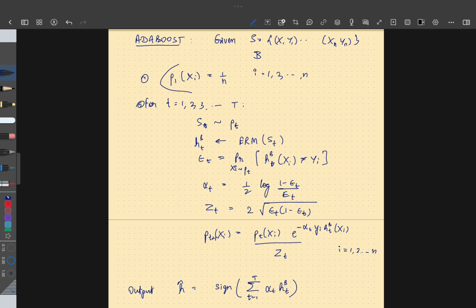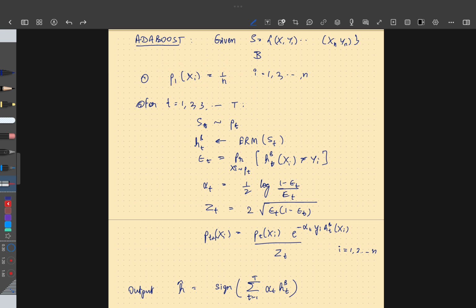We initially start with a uniform distribution on data points, and then at each step we keep updating the distribution in some particular way.